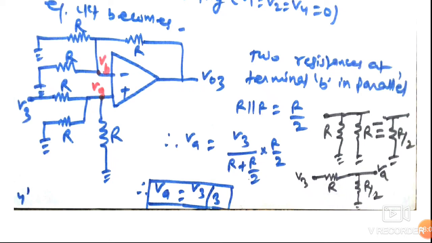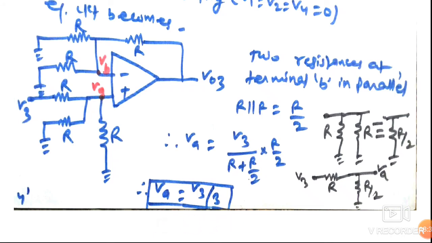So now this VA can be calculated. VA is equal to V3 upon (R plus R by 2) into R by 2. So VA is equal to V3 upon 3.